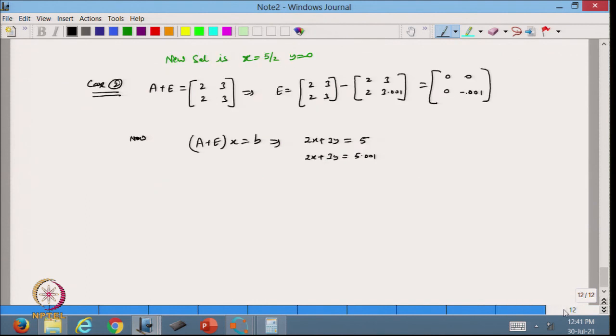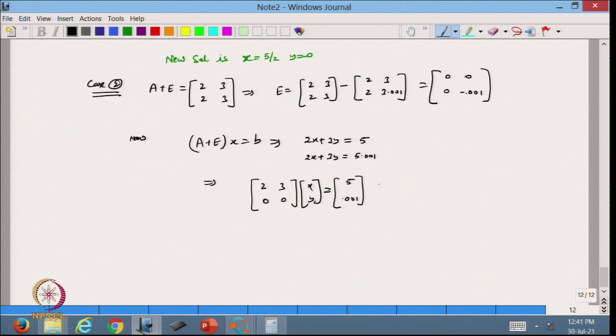So, we have taken this value. Now, from here if you see, if I write this in the echelon form, you will get 2 3, 0 0, times x y, equal to 5 and 0.001.